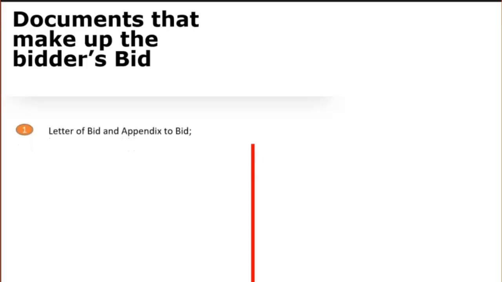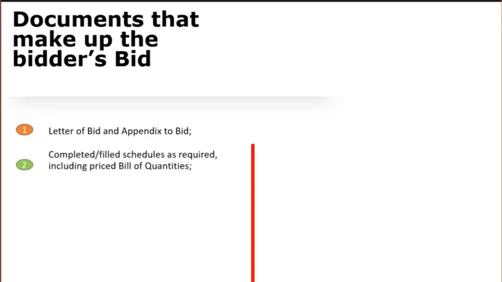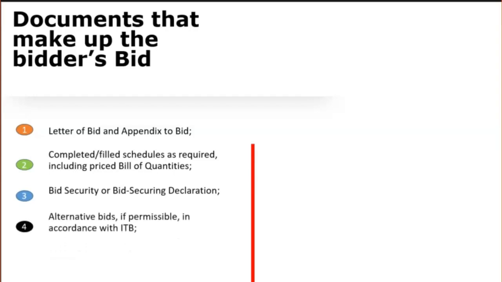Number 1 is the letter of bid and appendix to the letter of bid. Number 2 is completed or filled schedules as required, including the priced bill of quantities. Number 3 is the bid security or bid security declaration form. Number 4 is alternative bids, if permissible in accordance with the instructions to bidders.